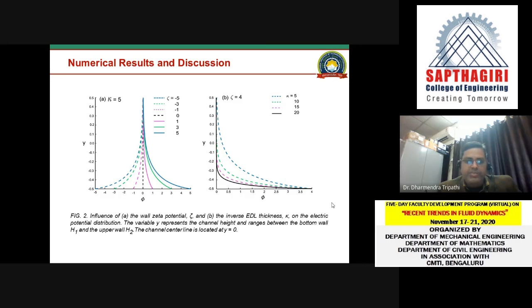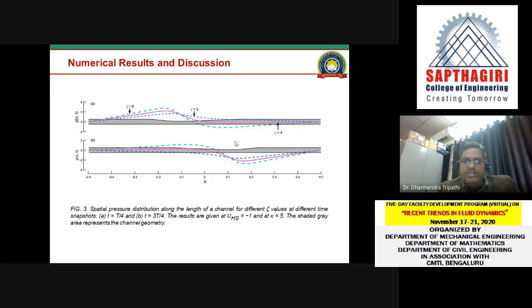When you do such discussion in your paper, definitely your paper will get published in a very good journal. So presentation, discussion, and the way of writing the paper are very important. If your results are very good but your presentation is not good, then you will not get a good publication. So you have to learn, and you can see the quality of figures and the quality of results.